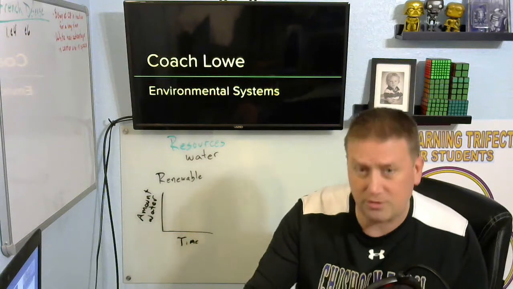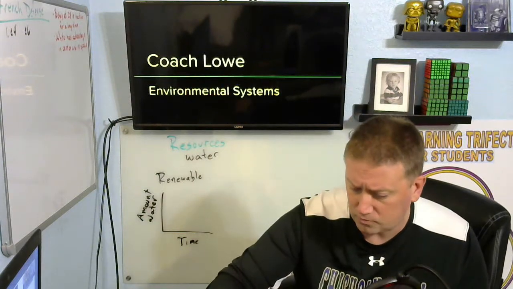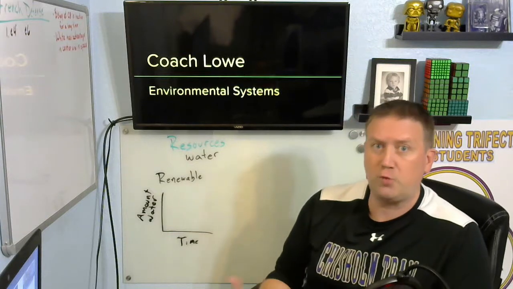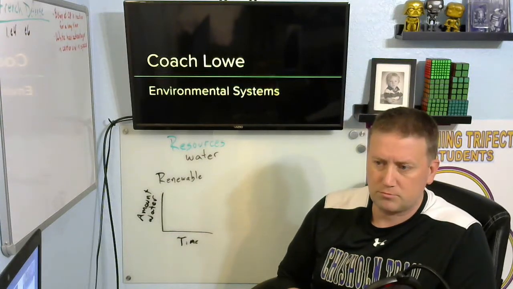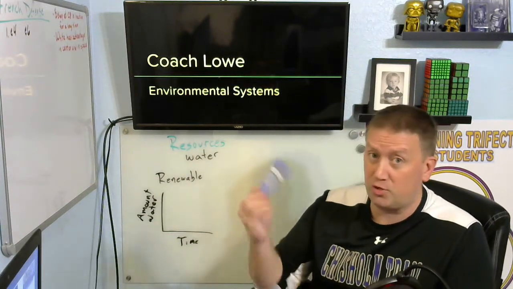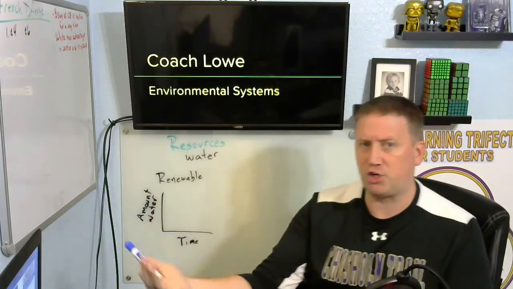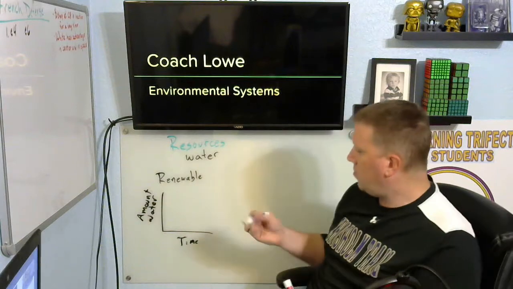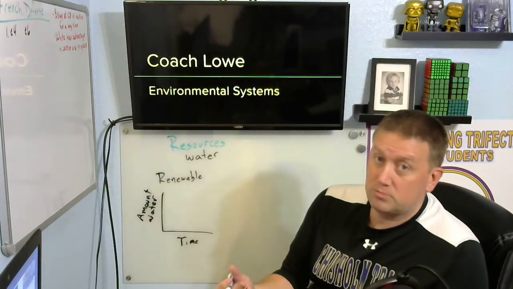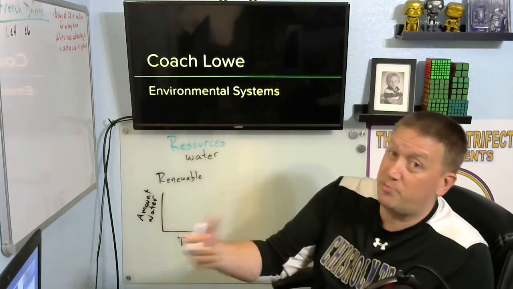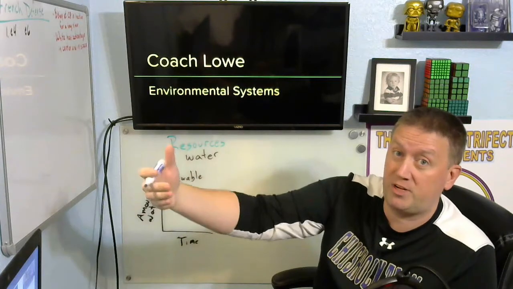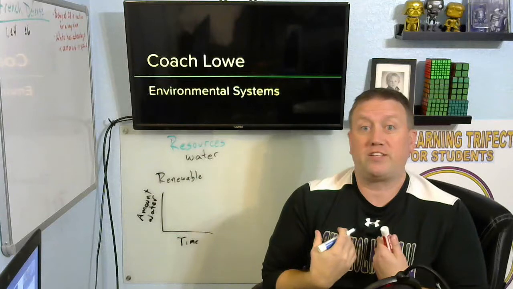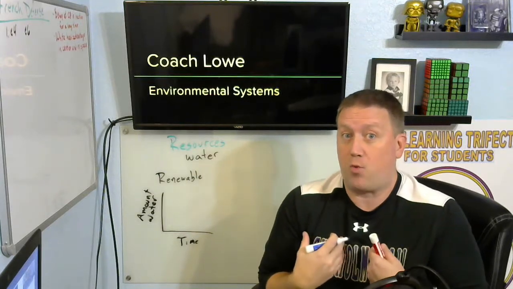We're going to use red as human use. We're going to use blue as what nature replaces. So the water cycle is what replaces water back into streams and lakes and ponds, because that's the reservoir that we get our water from.